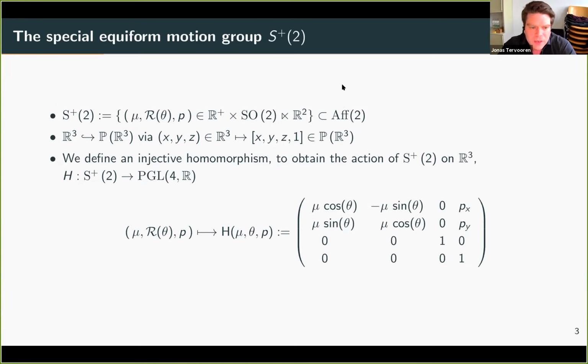Now we want to define the action of this group on points in R3, and we do it by demanding that the Z direction is always preserved. Since we want a linear representation of the group, we embed R3 into projective space by choosing homogeneous coordinates. Then we can write down the transformation in the following matrix form, where in the upper corner we have the stretch rotation, and here on the right we have the translation.